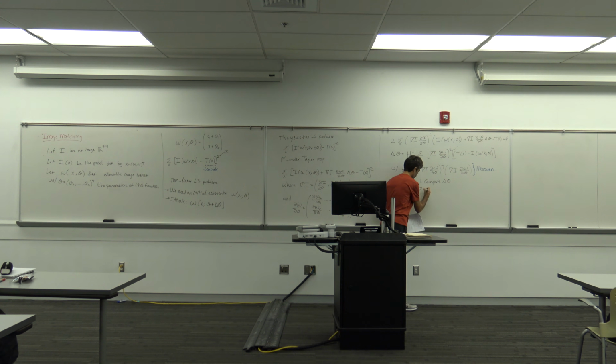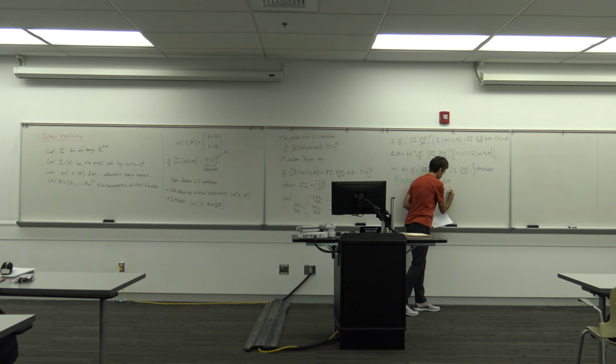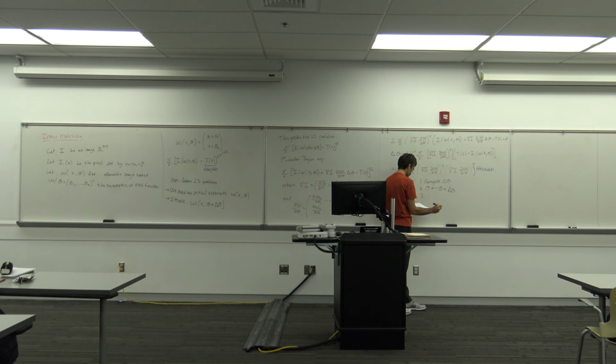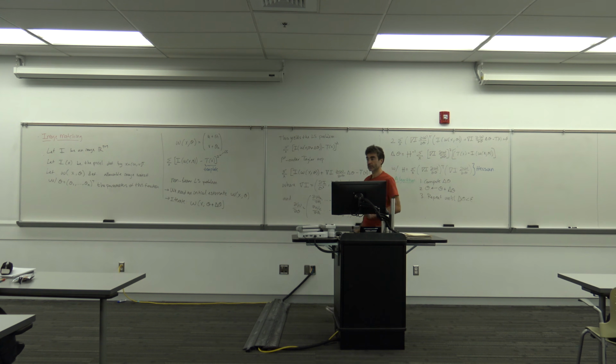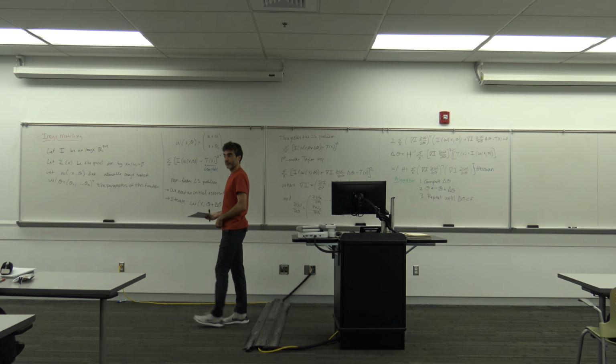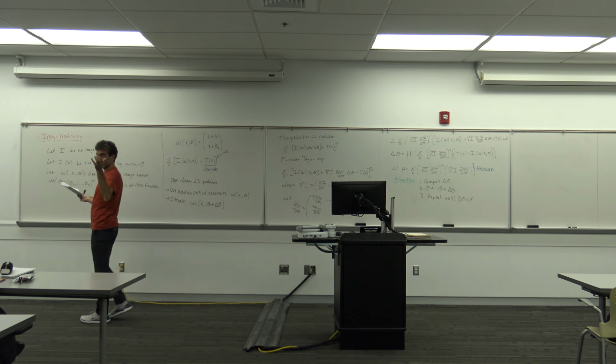Number 2, modify the current parameters theta by adding the increment to it. And 3, repeat until this increment of theta is smaller than some small value epsilon. That would determine the stopping. That's it. That's nonlinear least squares, right?